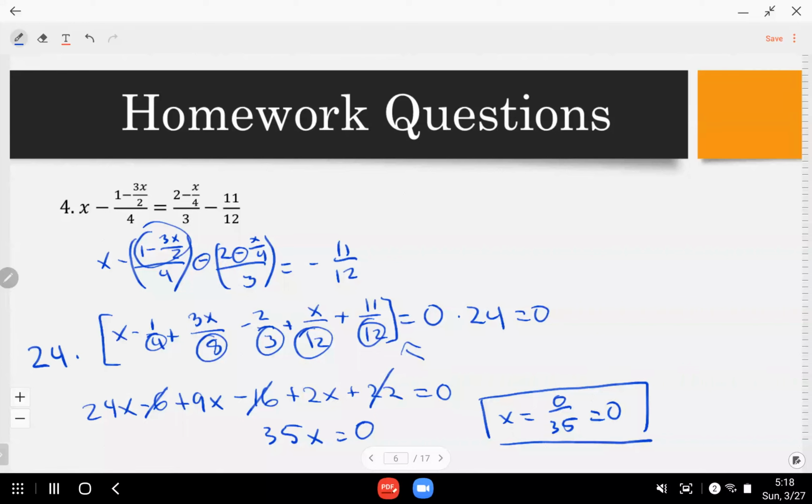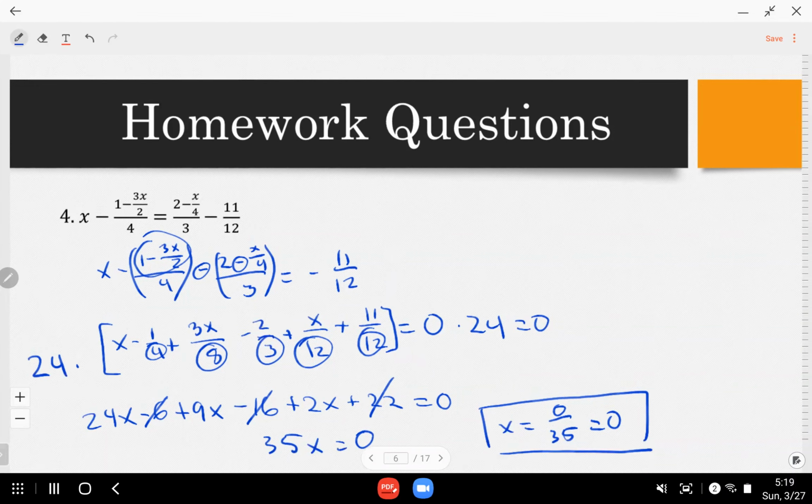However, there are already fractions within these fractions, so you're combining a lot of fractions here. It's going to be pretty messy. So if you instead did this, and then multiply everything by 24, it's easier and cleaner to see. So I prefer this method because it's faster.